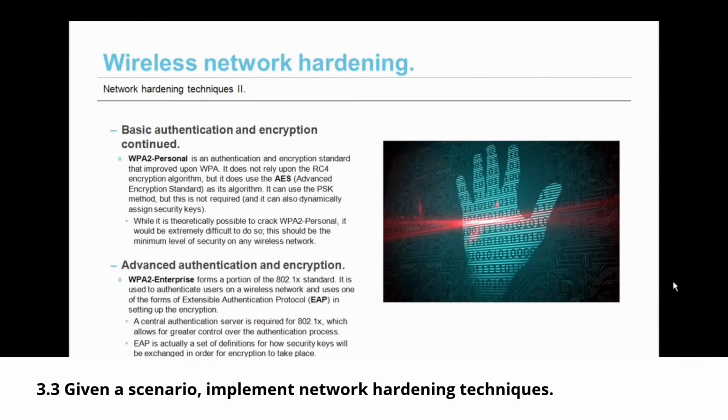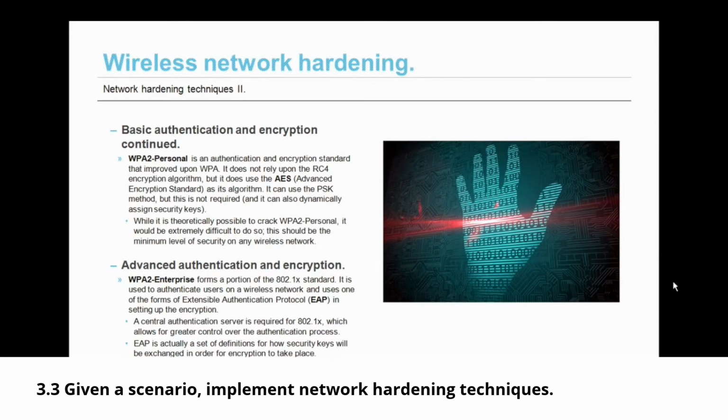Better than WPA is WPA2 Personal, Wi-Fi Protected Access 2 Personal. It's an authentication and encryption standard that improved upon WPA. It does not rely upon the weak RC4 encryption algorithm, but it does use AES as its algorithm. That's Advanced Encryption Standard.